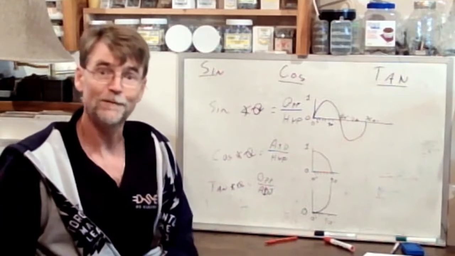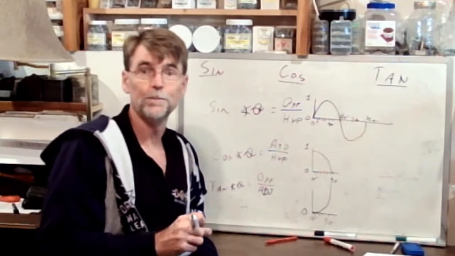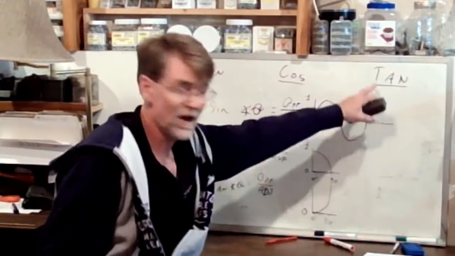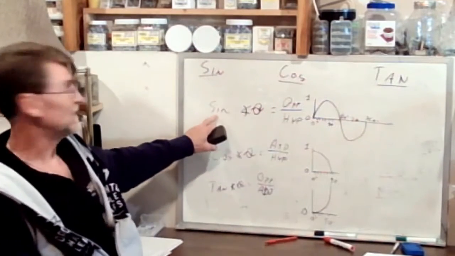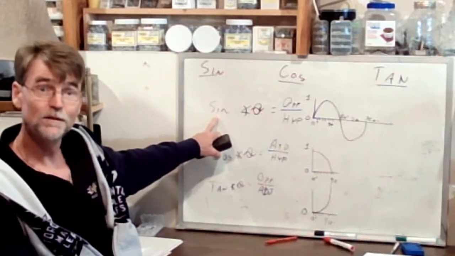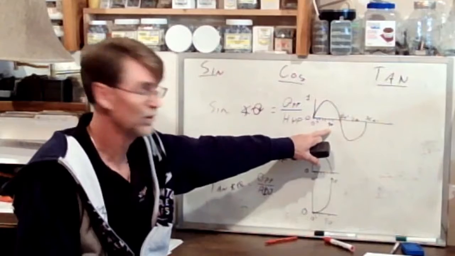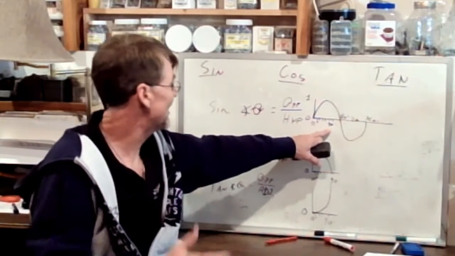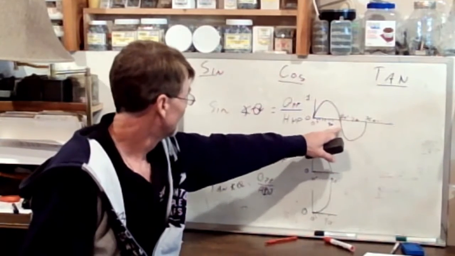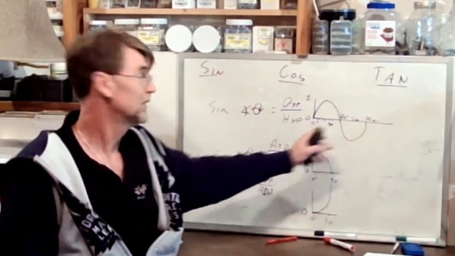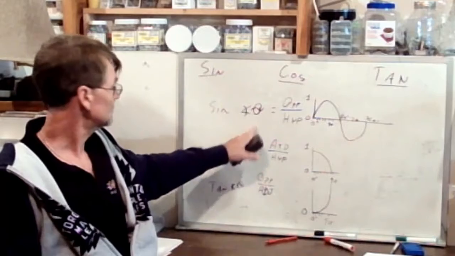We talked about the waveform when we're talking about an AC power supply or an AC circuit. We've said it's a sine wave, looks just like that, but that's what this is. This is our sine function. And we just saw what happens when we have an angle between 0 and 90 degrees. Mathematically, we can go beyond that to the full 360 degrees and we can calculate the sine of the angle.